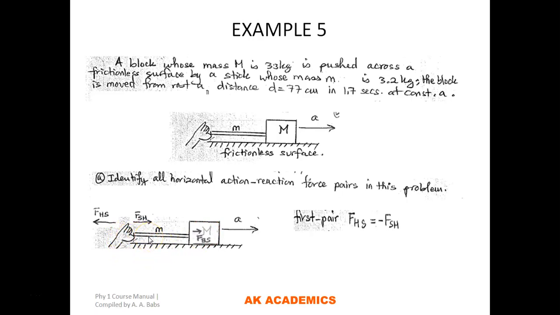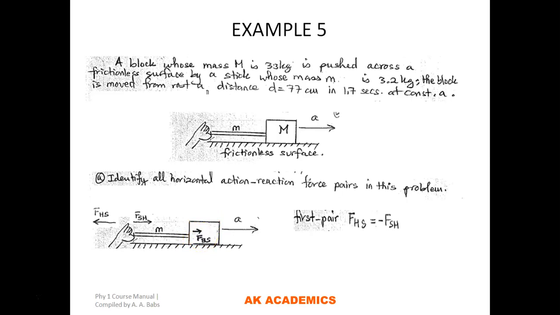As the stick pushes the mass, there will be a force exerted on the body by the stick. We have the force of the stick on the body, or the force exerted on the body by the stick. Those are two ways you can represent that force. That is the forward force, the first force we want to identify here. That force is going to have a pair.